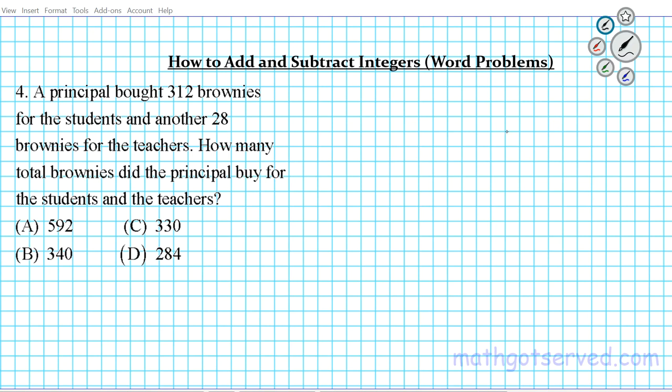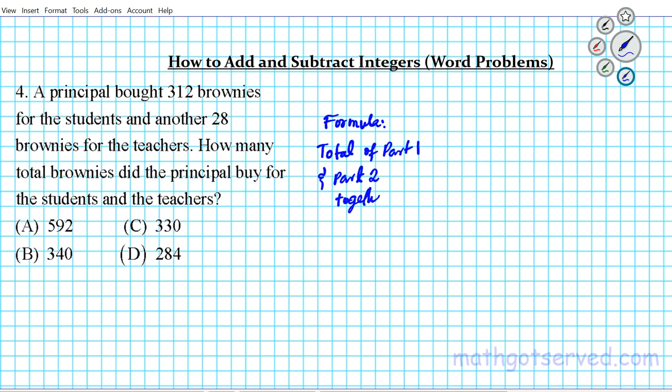So let's go over the formula for scenarios like this, where you have two parts and you're asked to find what the parts are together. So the formula is as follows. Total of the parts, in this particular case we have two parts, total of part 1 and part 2, together.